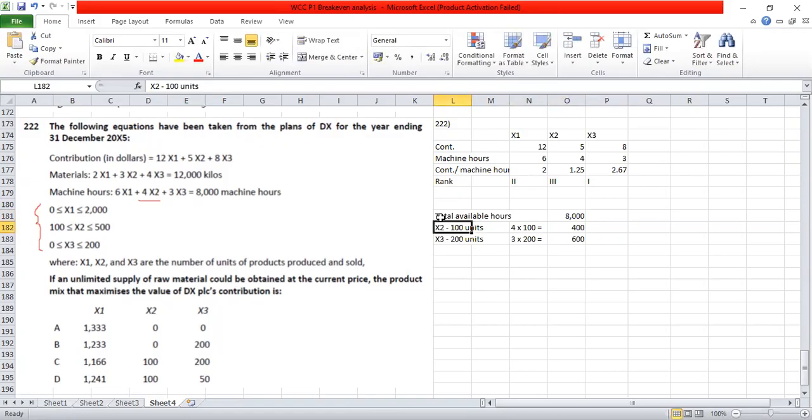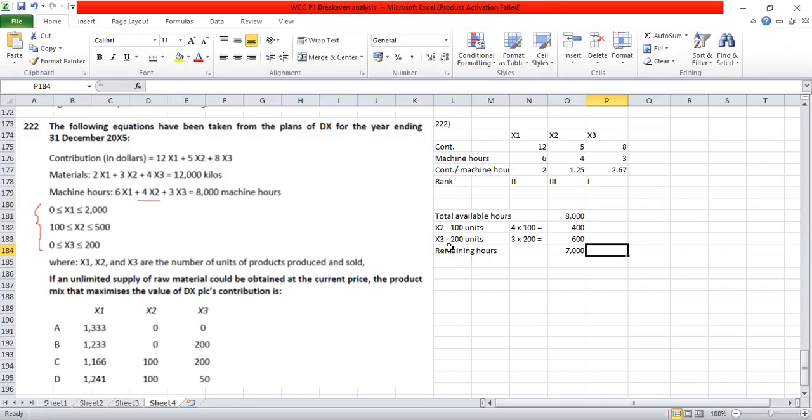So if 400 hours are allotted to X2 and 600 hours are allotted to X3, the remaining number of hours is 7,000, because 8,000 minus 400 minus 600 is 7,000 hours. These 7,000 hours will be allotted to X1.